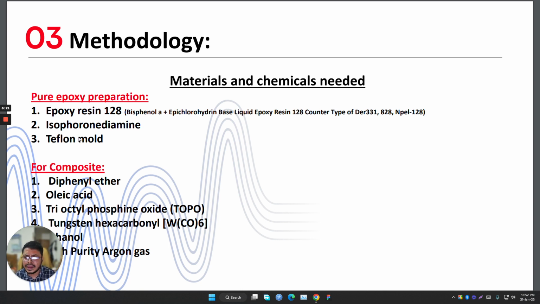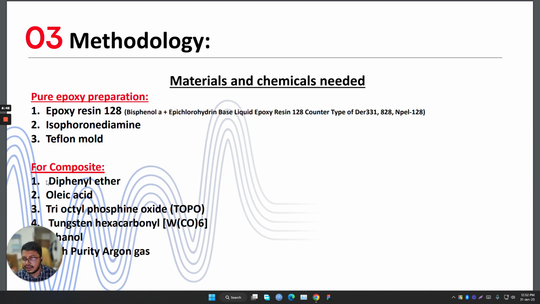For preparing a composite, we need six chemicals. First one is diphenyl ether, then second one is oleic acid, third one is trioctyl phosphine oxide, which is known as TOPO, fourth one is tungsten hexacarbonyl and ethanol, and last one is high purity argon gas.